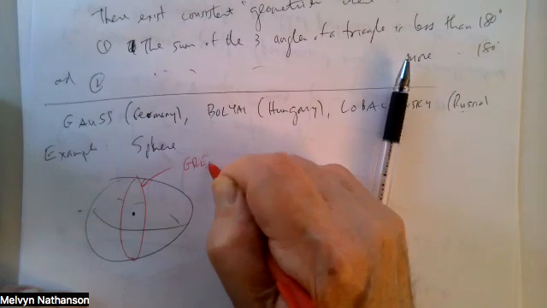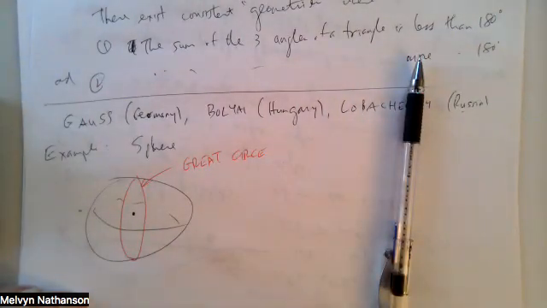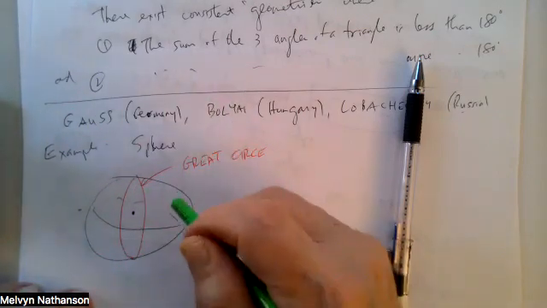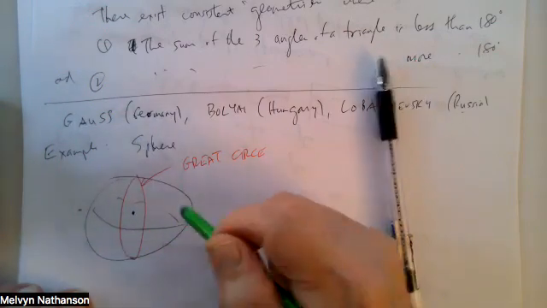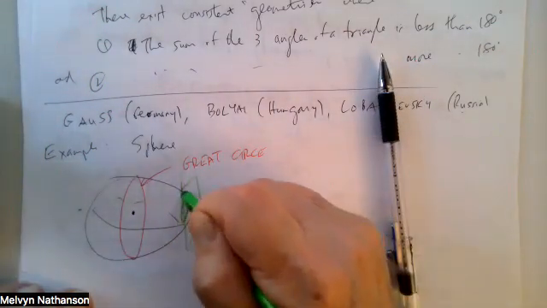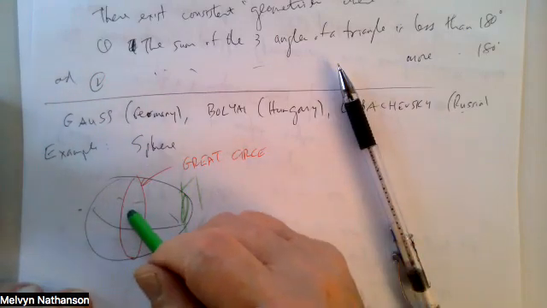I mean, if you take a sphere and you cut it with a plane, like at this end, it's going to cut out a little circle. But this plane doesn't go through the center of the sphere.